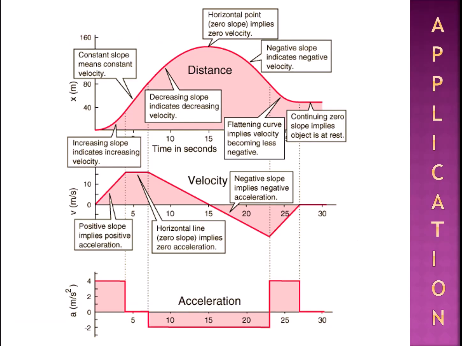So we'll take a look at the graphs, all three of these, and how they link together. So here, if you remember during the first 4 seconds, we had an exponential increase in the line. That means the object was moving in a positive direction, and therefore it would have a positive velocity with a positive acceleration.